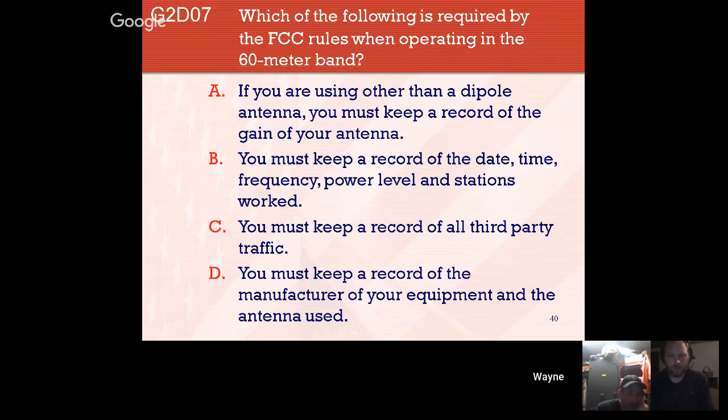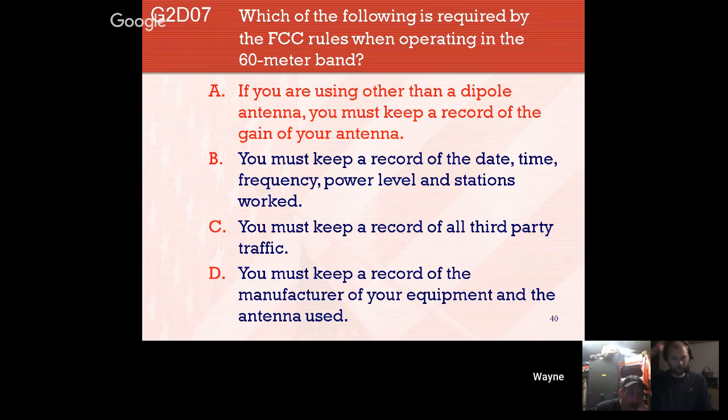What the FCC rules are concerned with is if you're using something other than a dipole antenna. A dipole antenna being unity gain, in other words, 50 watts in, 50 watts out, 100 watts in, 100 watts out. If you have a gain antenna, that's what the FCC wants to know. Keep a record of your gain antenna.